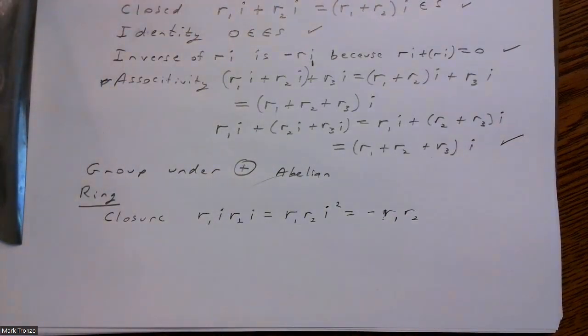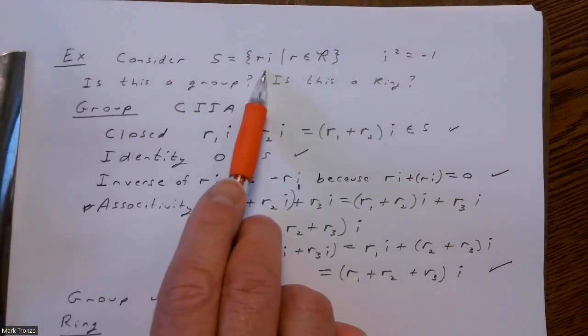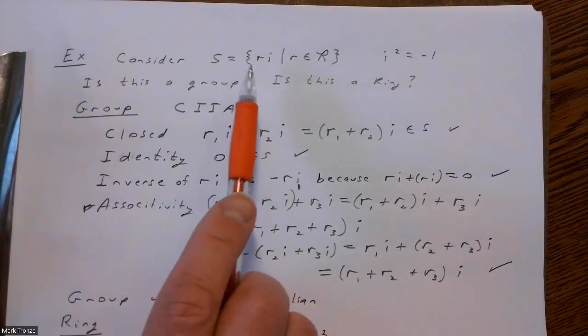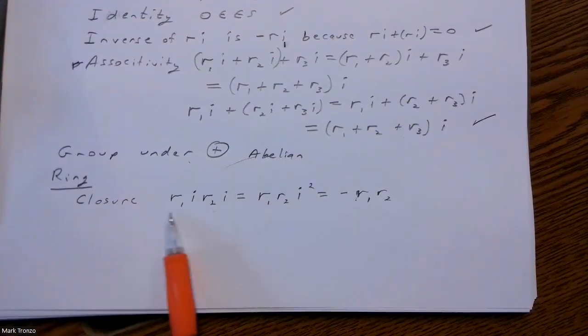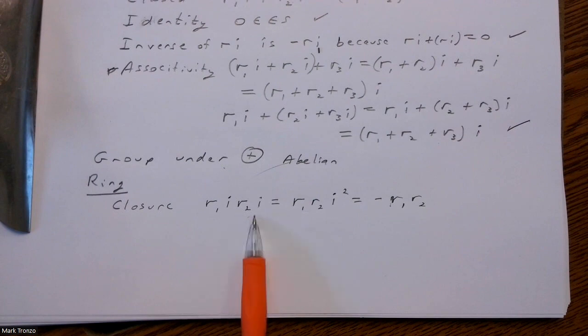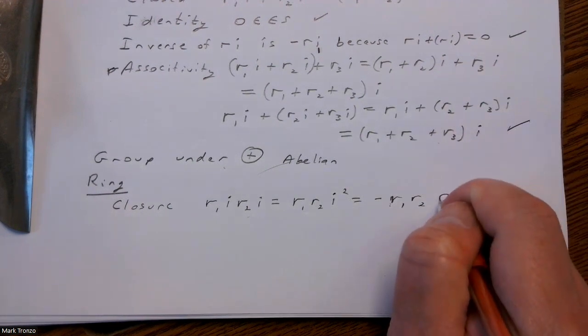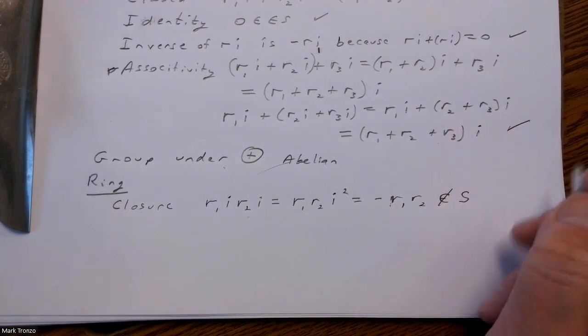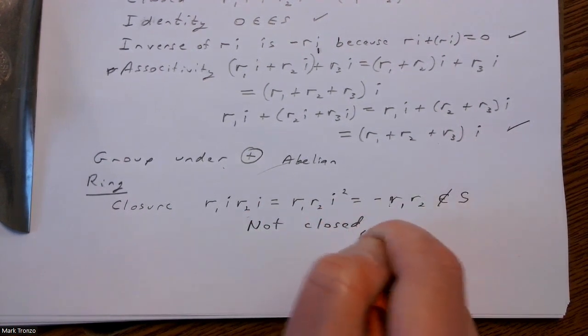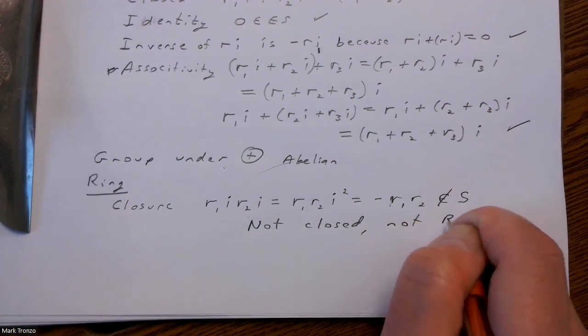So actually, it looks like it's not closed, is it? Because we multiplied these two together, and we did not get something in this form. We have a real number. We could have r be 0, so it'd be okay if we had 0 here. But in this case, if we take two typical r1 i and r2 i that aren't 0, we're going to get this. So this is not in our original set. So it's not closed.